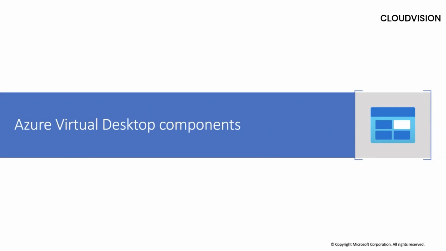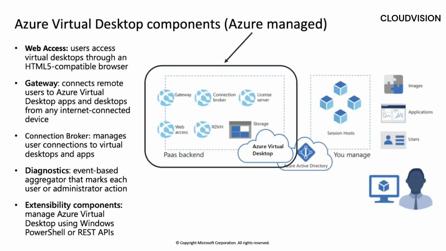Now, which components am I talking about? Obviously, as I said, there are a few services, a few components which are managed by Azure. Which are those components? You've got a gateway, a remote desktop, web access service, license service, storage. Now, what are they used for? Simple.